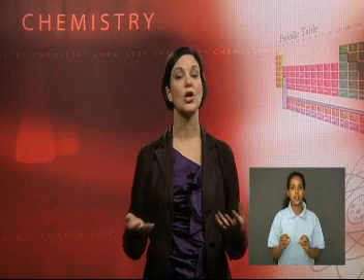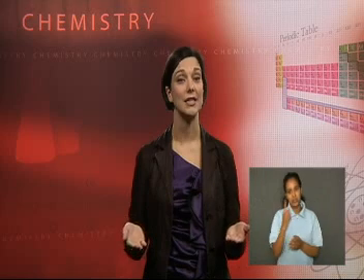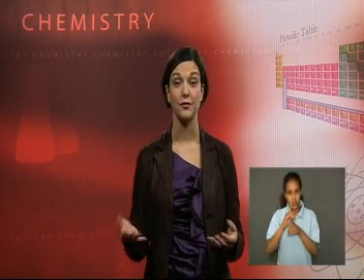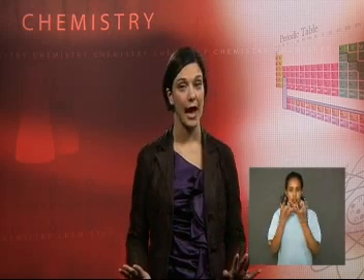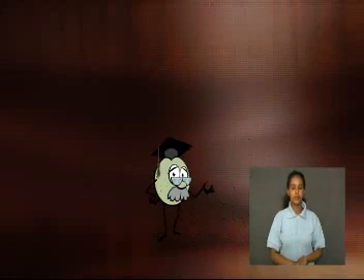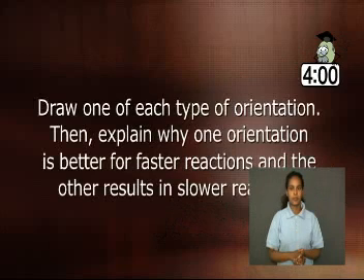Students, draw one of each type of orientation. Then, explain why one orientation is better for faster reactions and the other results in slower reactions. Students, let's get ready. Begin.